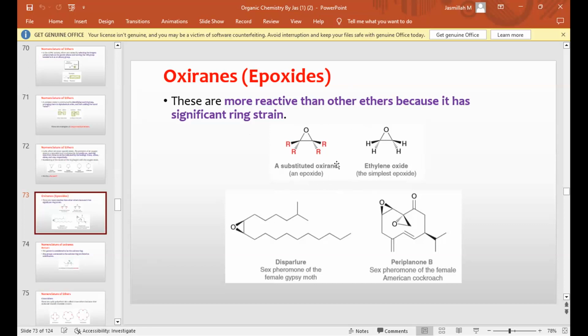You just need to know that the smaller the ring, the more ring strain it has and the more reactive it becomes. When we move to rings with higher numbers, 4, 5, 6, they become less reactive because they don't have very much ring strain.